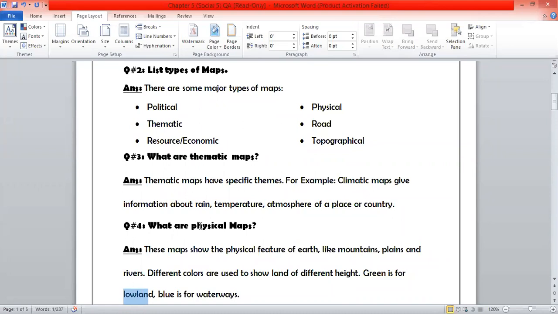In that map, different colors are used to show land of different height. Green is used for lowland. Orange is normally for the height. And blue is for the water. So we write green and blue just. Everybody try to write the answer without the mistake.